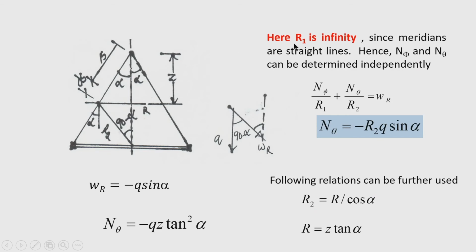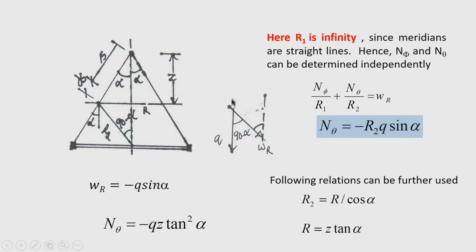Now, because of the infinite radius of curvature r 1, we have a very simple equation, because n phi by r 1 will be 0. If I put r 1 as infinity in the denominator, this term becomes 0. Therefore, we get only n theta equal to minus r 2 q sin alpha.